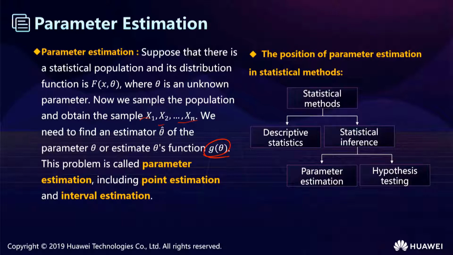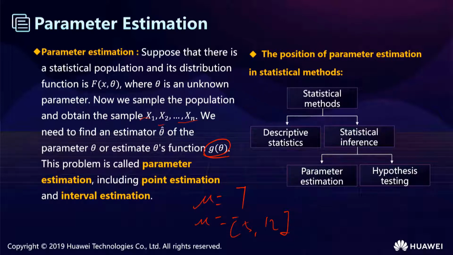So this problem is called parameter estimation, including point estimation and interval estimation. Suppose mu is equal to 7, and this is a point estimate. If mu is within 5 to 12, this is an interval estimation.